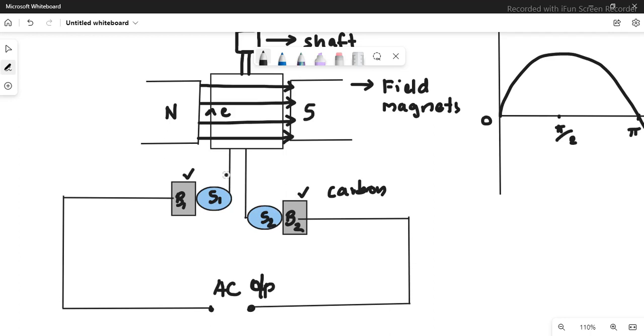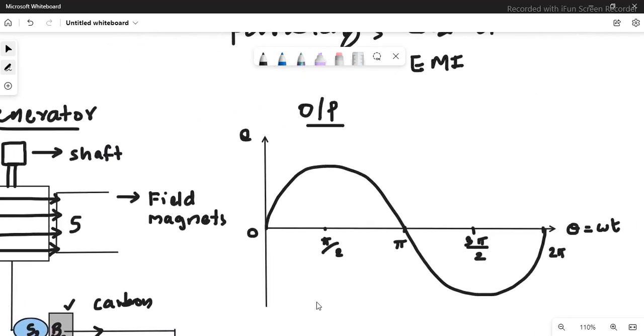When the slip rings rub against the carbon brushes, this induced EMF is taken outside. Once the EMF is in one direction, at the next moment, the EMF will be in the opposite direction. So this continues to form an alternating current.